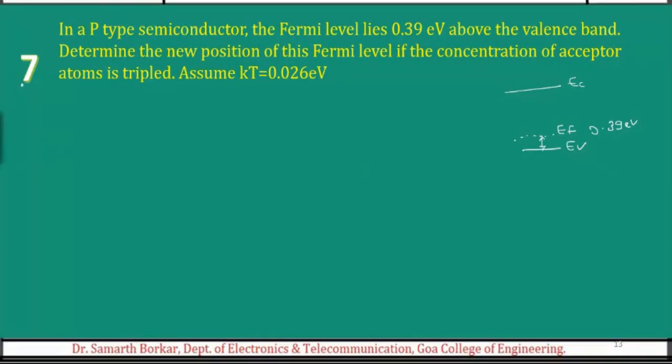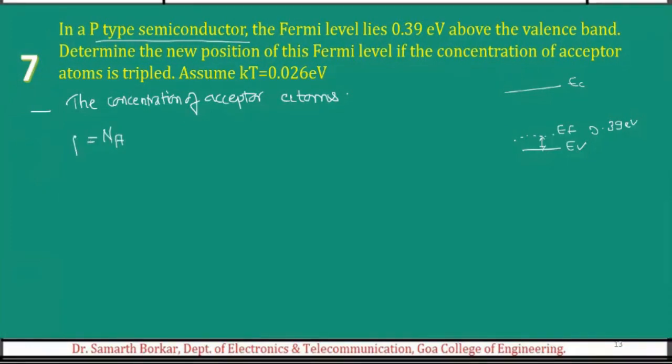So in a p-type semiconductor material, the concentration of acceptor atoms is given by Na.